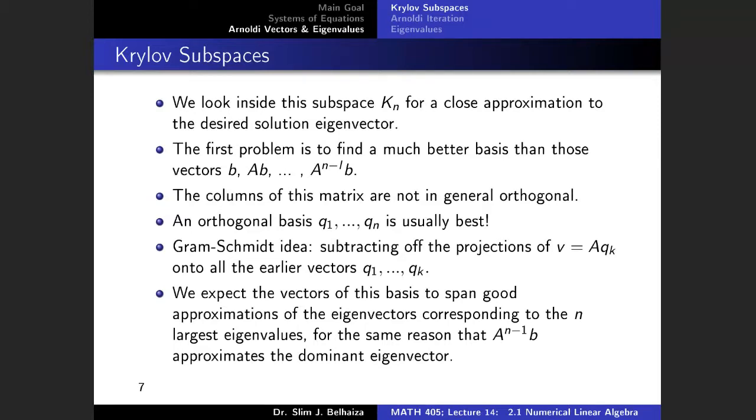Okay? So what do we expect? We expect the vectors of the spaces to span a good approximation of the eigenvectors corresponding to the n largest eigenvalues. For the same reason that A to the power n minus 1 times b is supposed to approximate the dominant eigenvector.